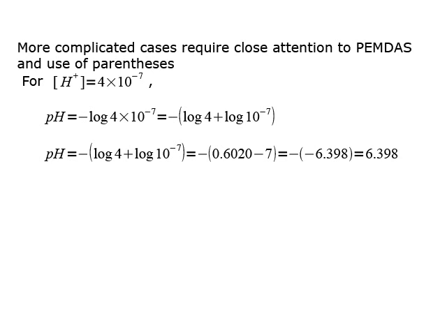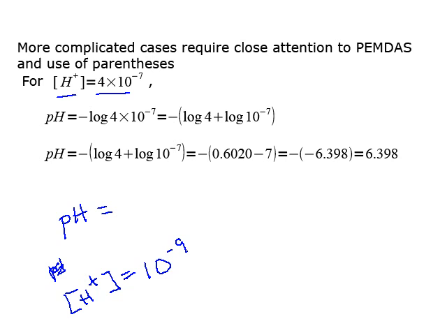So when you're required to find the pH, you first need the concentration of hydrogen ions. And if it's a simple case, for example, let's say the hydrogen ion concentration is 10 to the minus something, let's say 9, then that's easy.